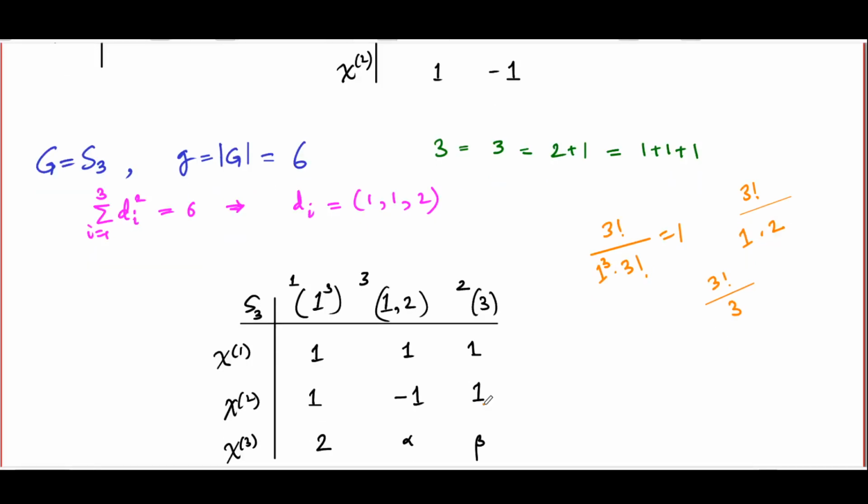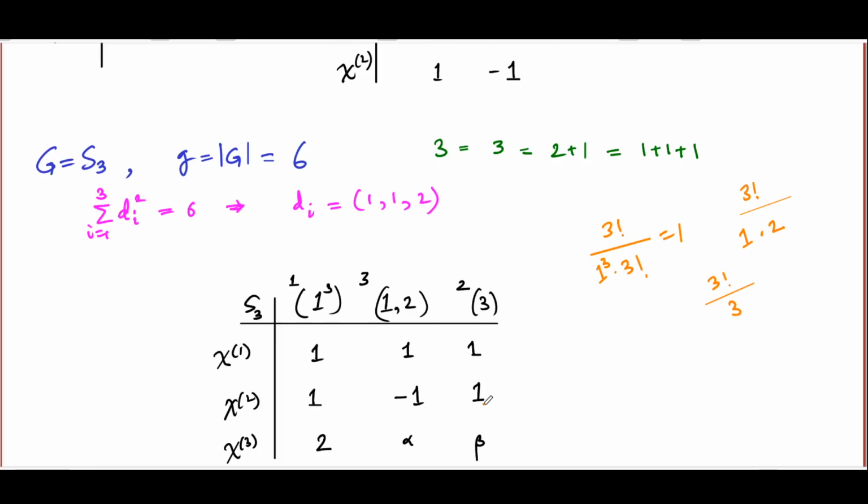What can we say about the third row? Now, one thing we do know is that for the identity element, which belongs to the first class here, the corresponding matrix representative has to be the identity matrix, and hence its character has to be the dimensionality of the representation.